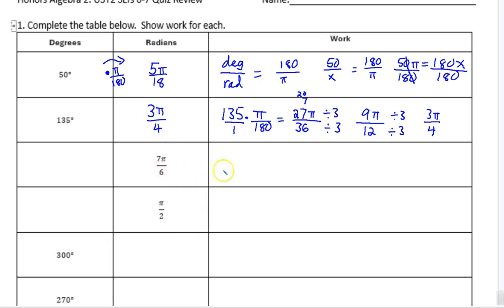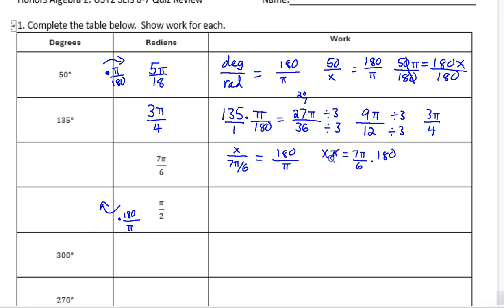Okay, I'm going to do the first one with proportions for radians to degrees, and then the second one I'm just going to multiply by 180 over pi. You can do whatever you like as long as I see a little bit of work. So I've got radians over degrees equals pi over 180. That gives me 7 pi over 6 times 180.